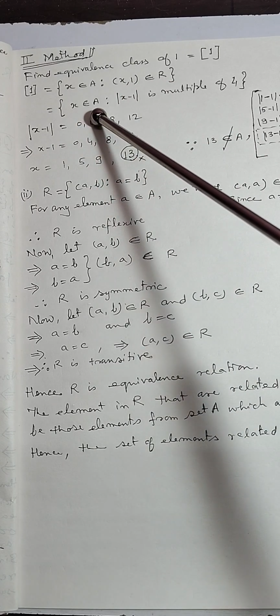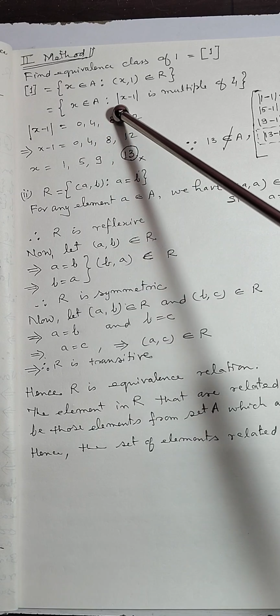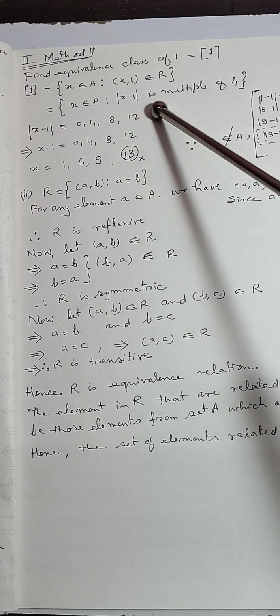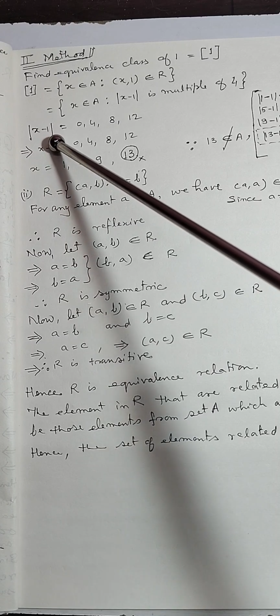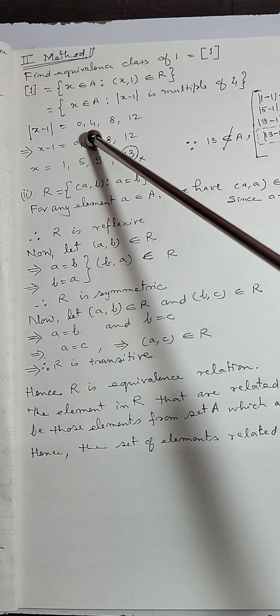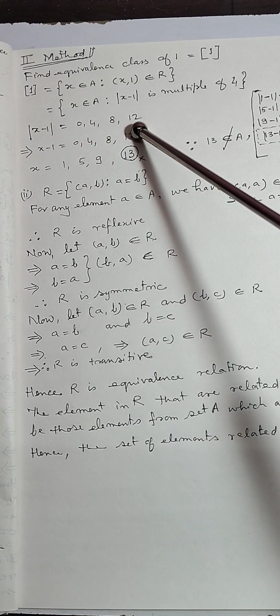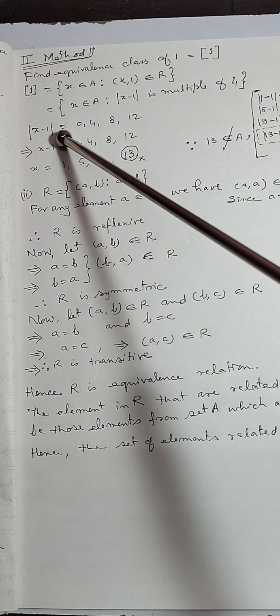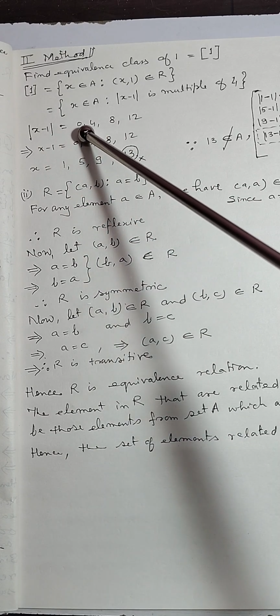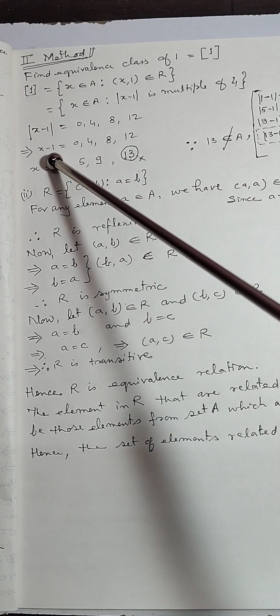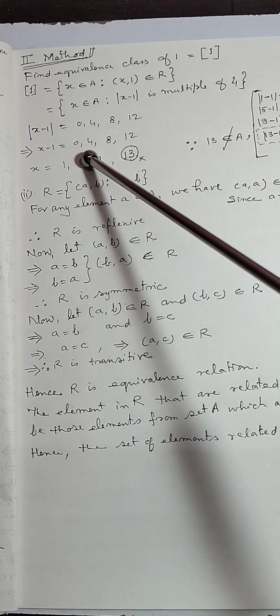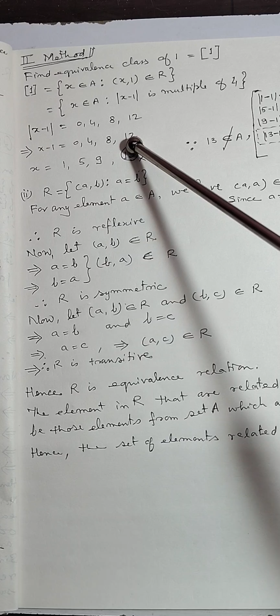So x belongs to A such that mod of x minus 1 is a multiple of 4. Now the mod of x minus 1 is 0, 4, 8, 12.